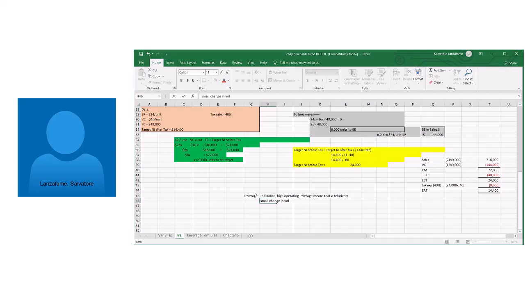Remember volume? Those are like units. Results in a large change in profit.